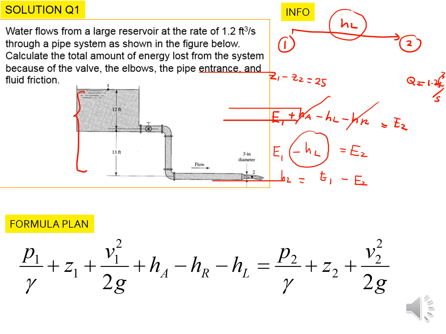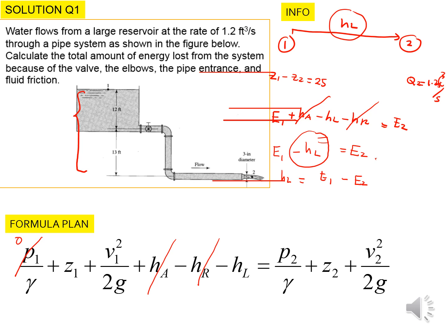Since I mentioned before that it consists only of HL, this item is cancelled out, and this item is also cancelled out. Let's take a look at another item, for example P1. The pressure at point 1, we consider it as 0 because it is exposed to atmosphere.